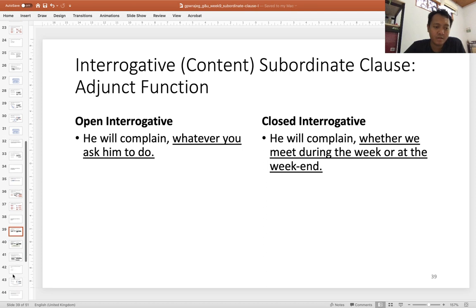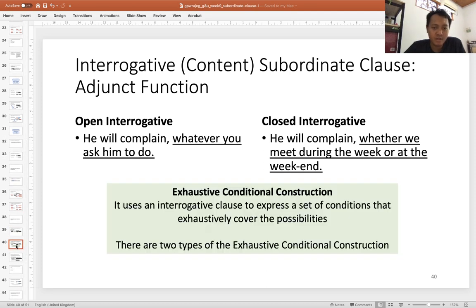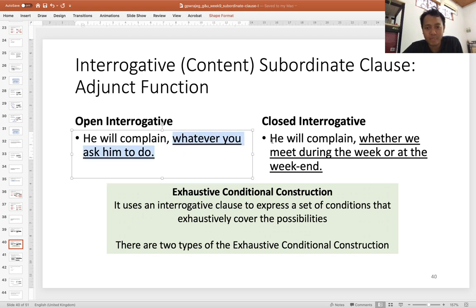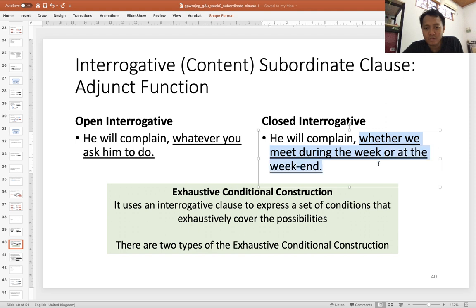Now, this function of the interrogative subordinate clause as adjunct is used as an exhaustive conditional construction. It uses an interrogative clause to express a set of conditions that cover the possibilities.